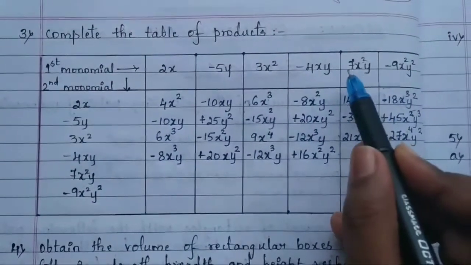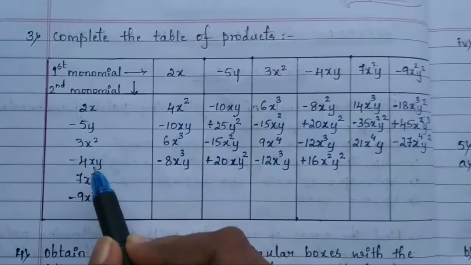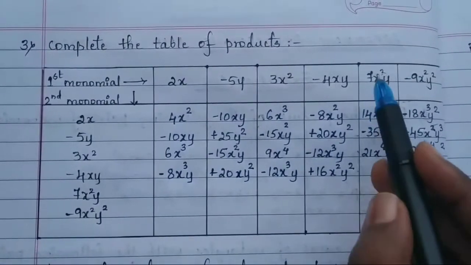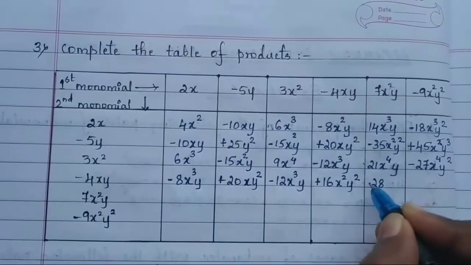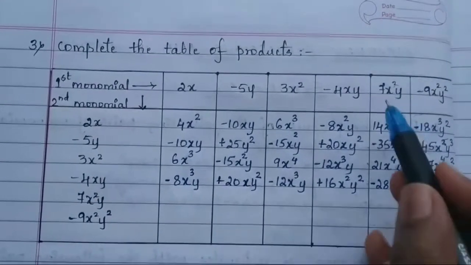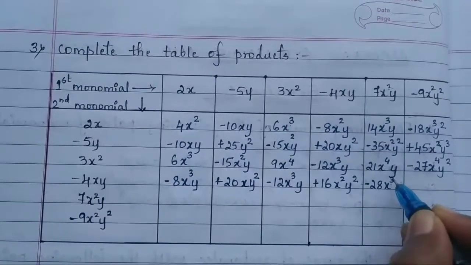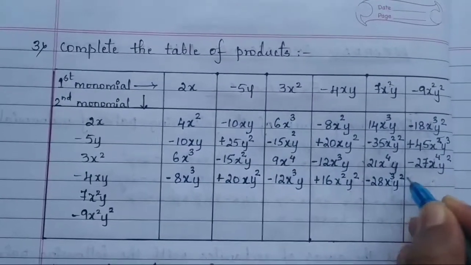Next comes 7x square y and minus 4xy. Okay. So here the answer will be 7 4s are 28 we will be having, and this minus sign will be as it is. So here x square into x will be x cube. Okay, and y into y is nothing but y square.